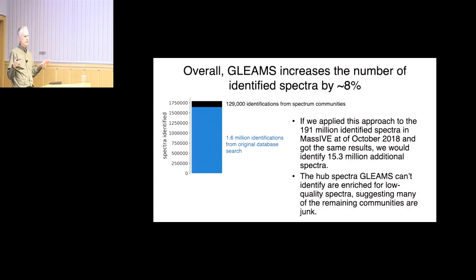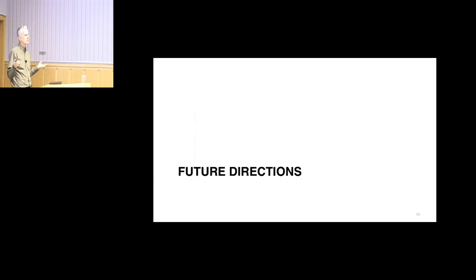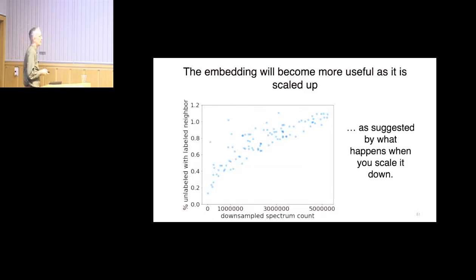The future directions for this are numerous. One thing is we've only demonstrated this proof of principle on a relatively small database, so a small set of spectra. We want to scale up to 100 million, 200 million spectra and really see what happens. To see what might happen, we did a downsampling experiment by randomly tossing out some of our spectra.